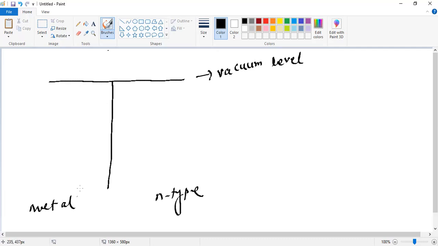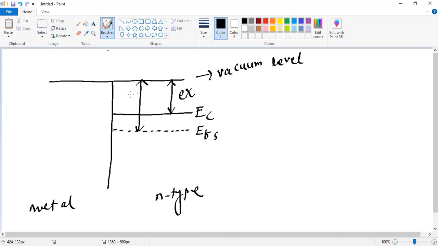Then the conduction band of the N-type. Chi is the electron affinity. The Fermi energy level of the N-type is close to the conduction band. The Fermi energy level to the vacuum level is our semiconductor work function.